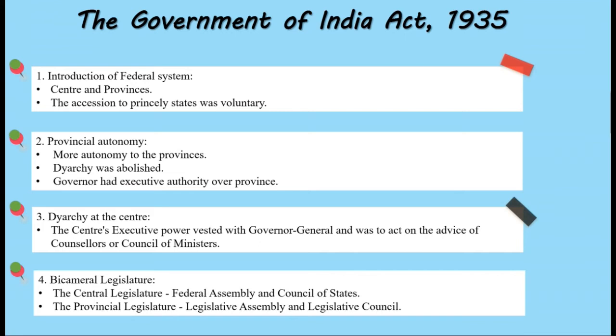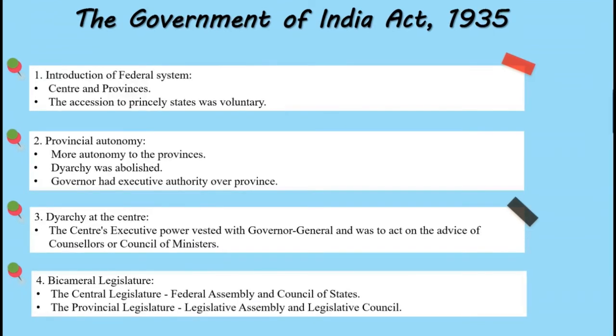But they were introduced only in 6 provinces like Bombay, Bihar, Madras, Bengal, Assam and United Provinces. In the rest of the provinces, the legislature was unicameral, that is, the presence of only one chamber.